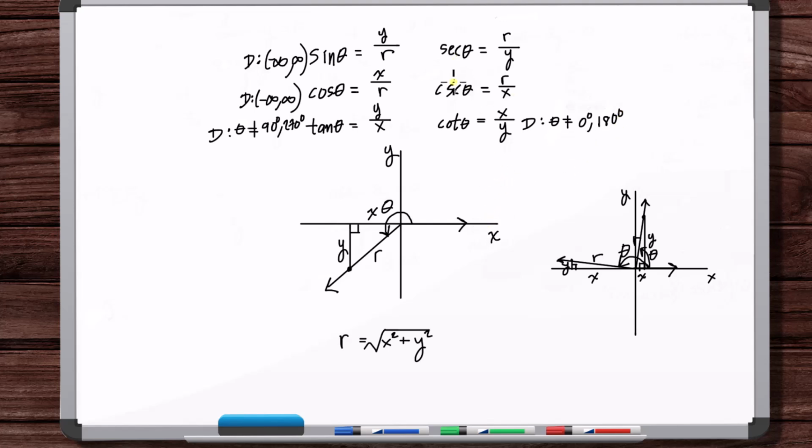Okay, now secant and cosecant, it's the exact same idea as tangent and cotangent. When can you not divide by y? For secant, it's at these angles. Theta can't be 0, 180, or any angle coterminal with those.